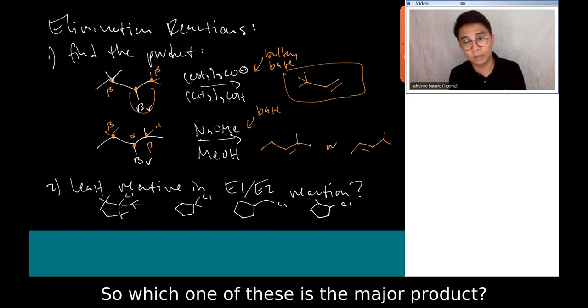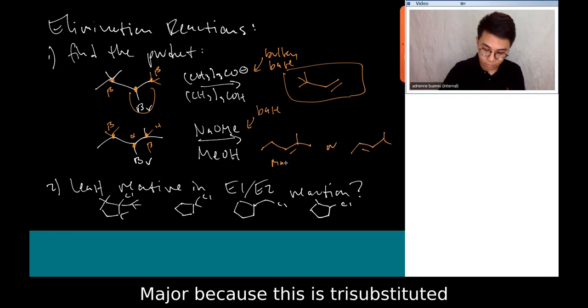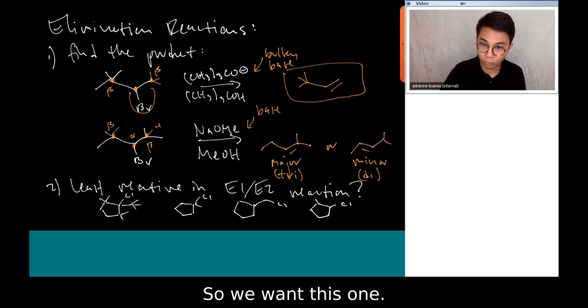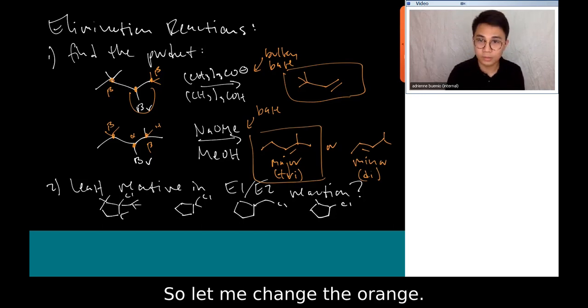So which one of these is the major product? Right, major because this is trisubstituted compared to our minor, which is actually just disubstituted, right? So we want this one. So let me change to orange.